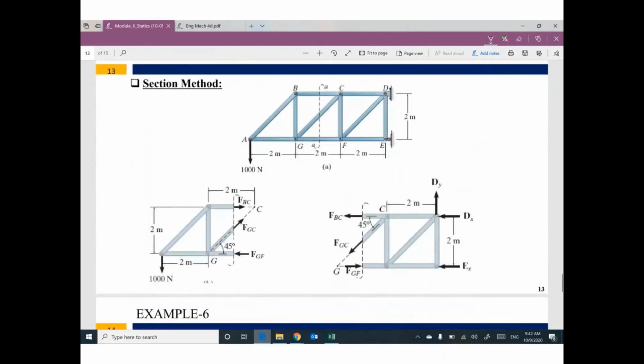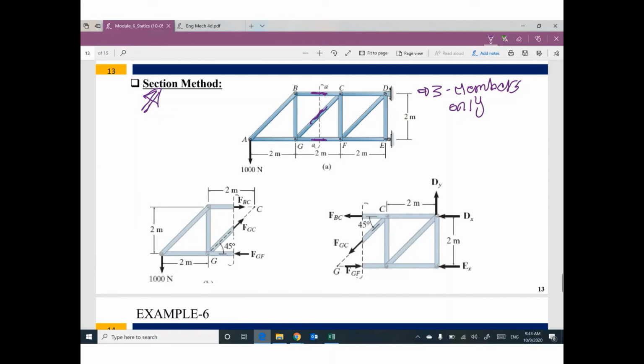If you are looking for the force in this member and this member and this member, 3 members, all of them very close to each other, I can apply this method to get these forces in one step only. One step. But this method will be good for 3 members only.